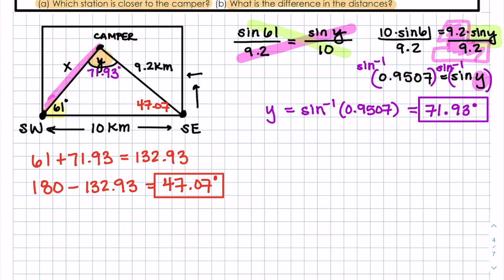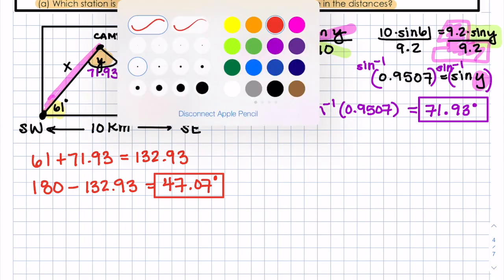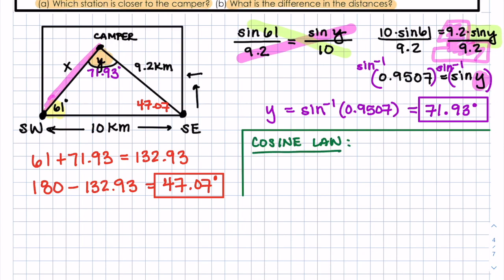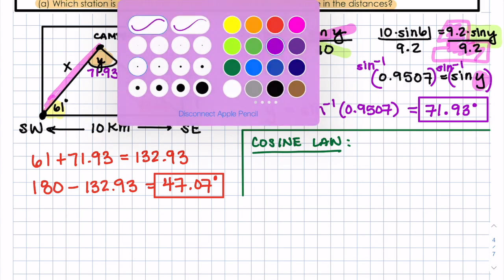I could use the law of sines again, or I could even use the law of cosines in this case. It really doesn't matter. So since I already used the law of sines on one, I'm going to use the cosine law this time. Okay, remember that in order to choose which letter we start with, we figure out what we want to know.